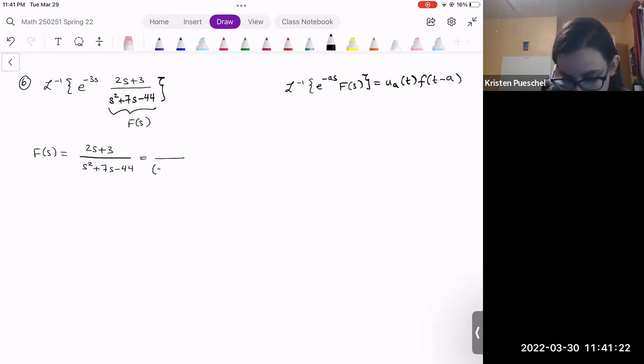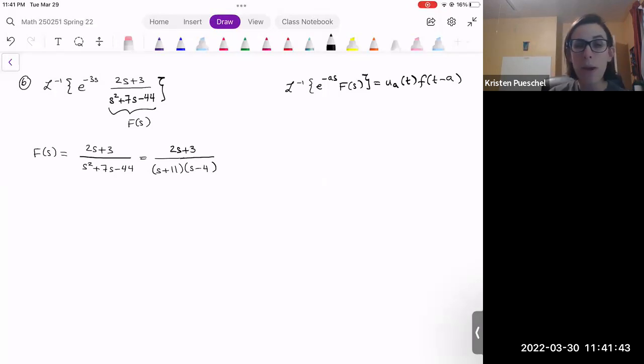So we want to break this down into smaller pieces so we can take the inverse Laplace transform. The denominator factors as (s plus 11) times (s minus 4), and the numerator is 2s plus 3.